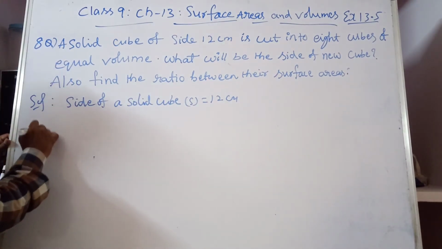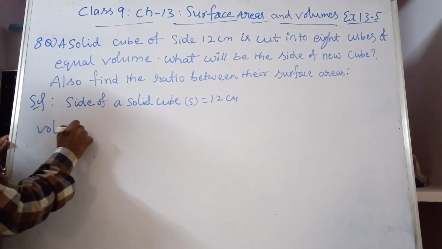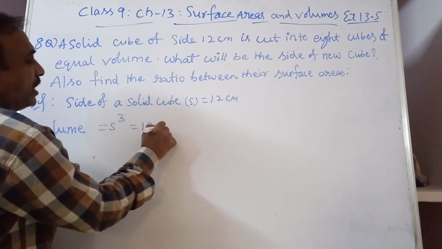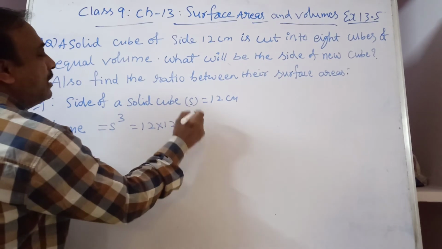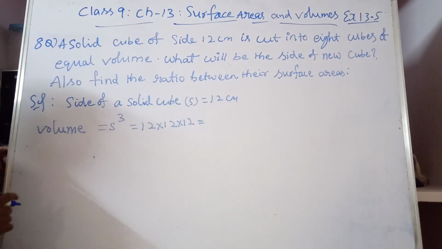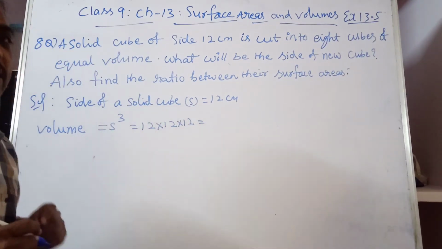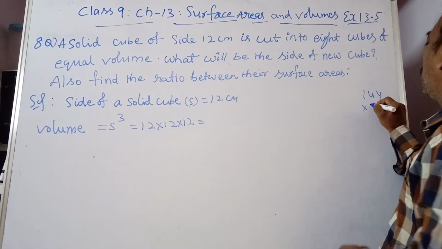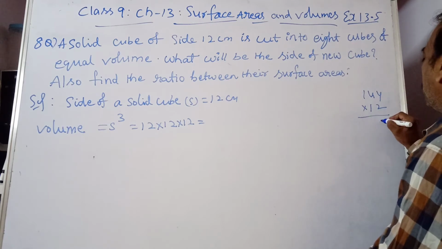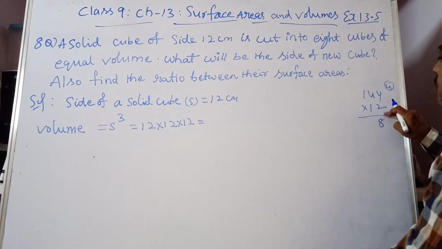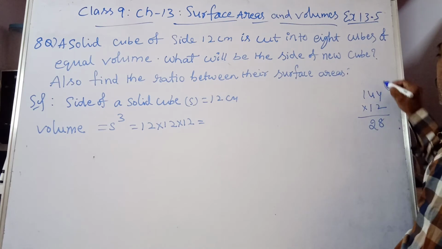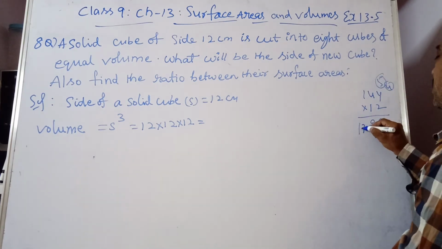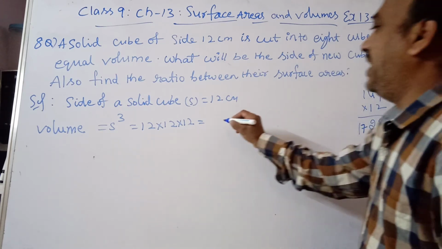Now volume is equal to S cube, which is nothing but 12 into 12 into 12. 12 12s are 144. 144 into 12: 12 4s are 48, 4 remains. 12 4s are 48 plus 4, 52. 5 remains. 12 ones are 12 plus 5, 17. So 1728.